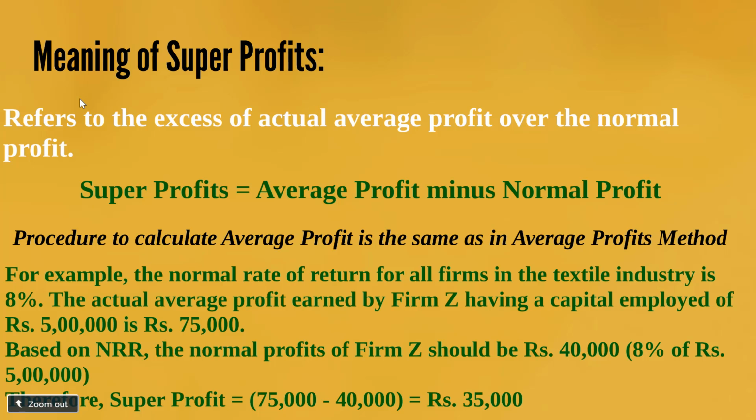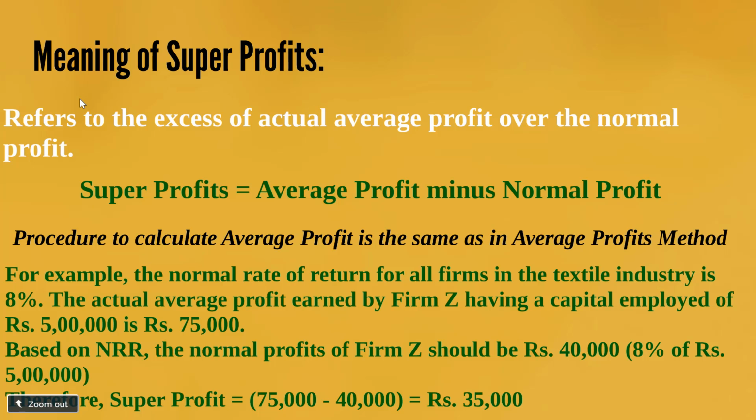Now based on this normal rate of return 8%, all other firms in the same industry would earn, or the normal profits would be 8% of rupees 5 lakh, in other words rupees 40,000. But however, firm Z, which is in the same industry, is actually earning profits of rupees 75,000.